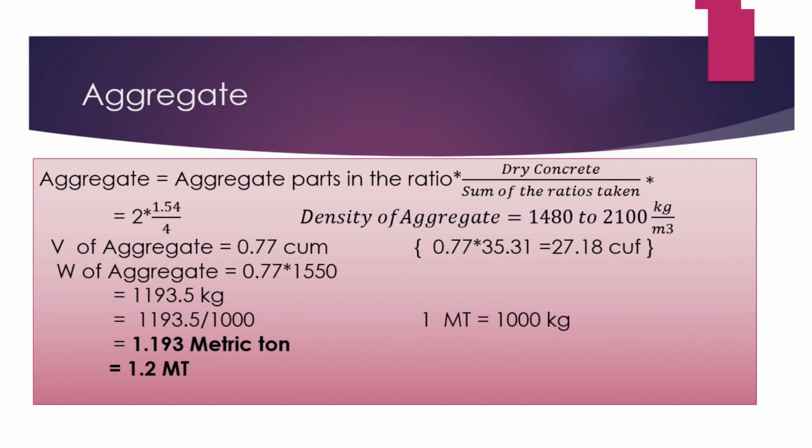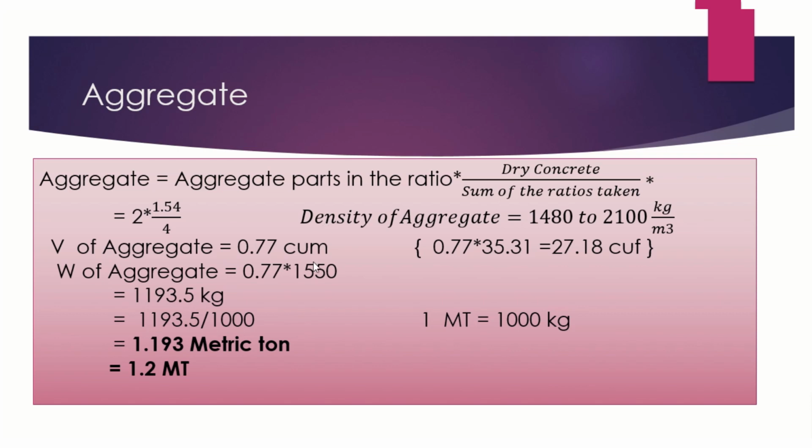Now let's convert this volume of aggregate into weight of aggregate. In that case we have the formula weight is equal to volume into density. So in case of aggregate, density of aggregate is 1418 to 2100, so this falls between 1480 and 2100 kg per meter cube.